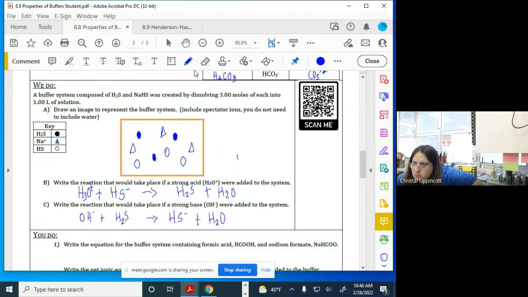How do you know which way to go? So you're looking to see which one of these things, and obviously the sodium is not going to be a player. If hydroxide goes in, it needs to be able to become water because we're neutralizing this.